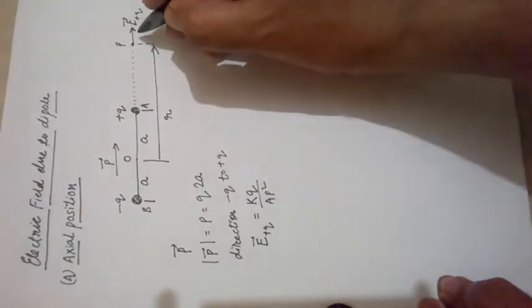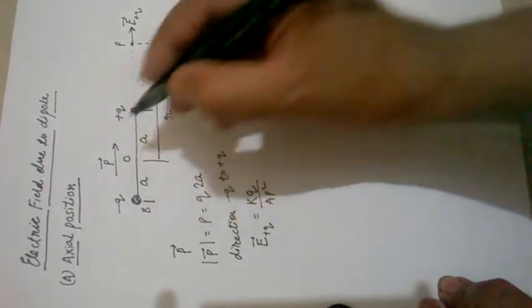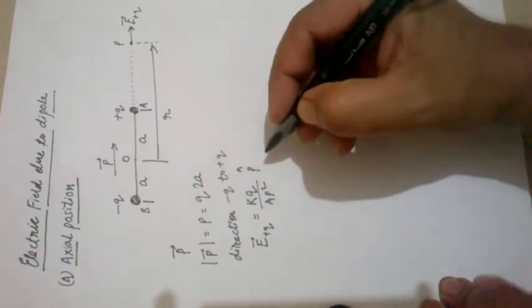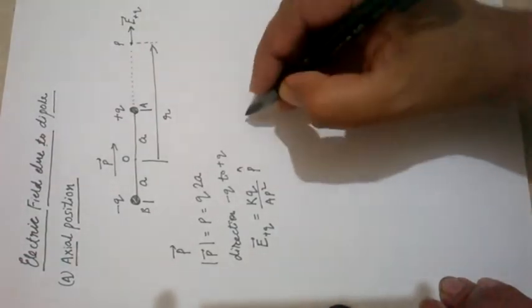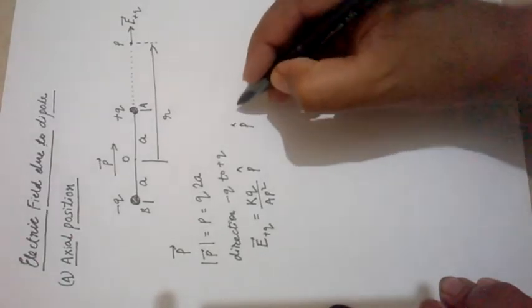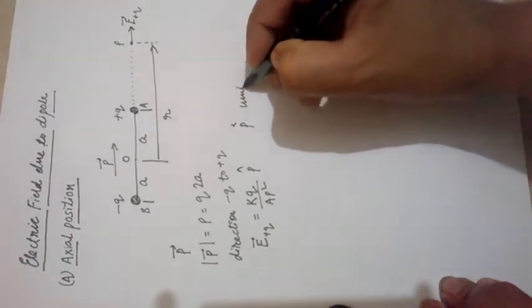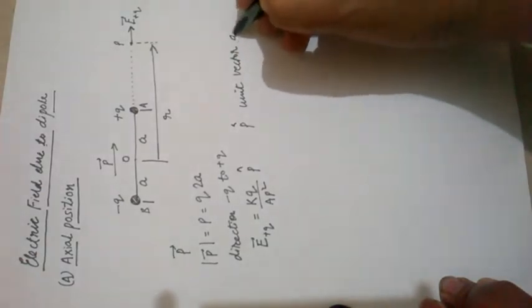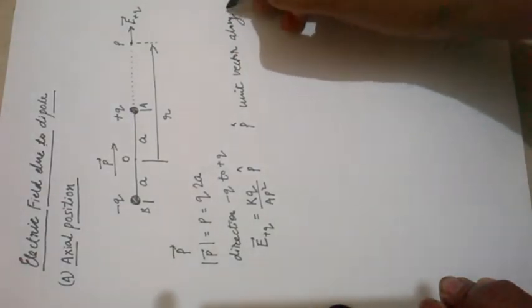This is also the direction of the P vector, so here I will write the direction as P cap. What is this P cap? It is the unit vector along the P vector.